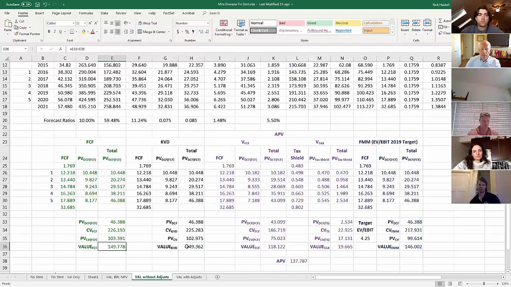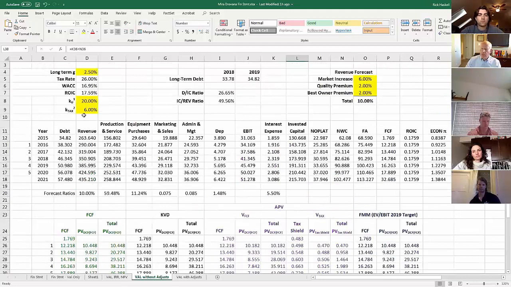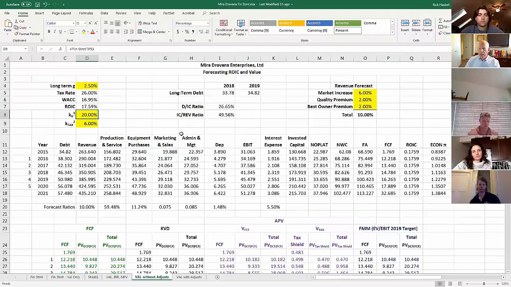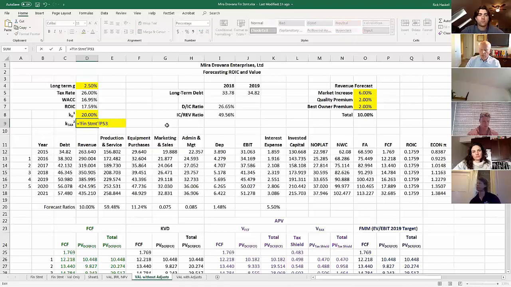The growth rate and the ROIC combination here. I end up, though, getting yet a different value again when I have estimated this using, for my discount rates, KU and K-tax. So these are the discount rates that I calculated from the other spreadsheet, right? I'm just bringing them straight over, exactly as you would expect me to do.